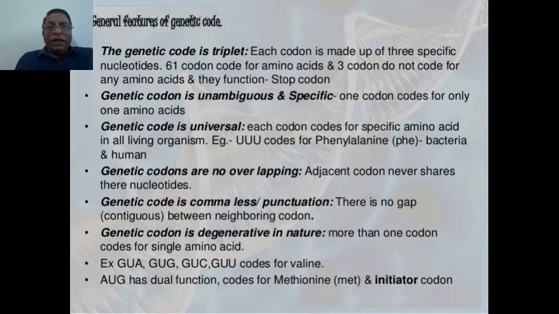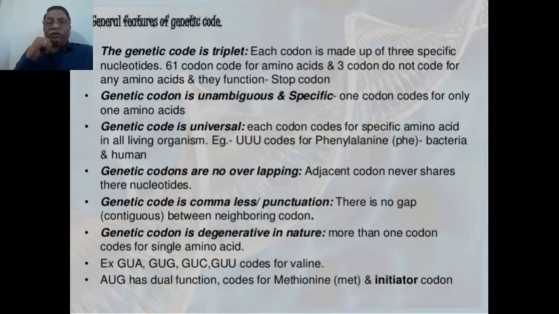Next, another most important thing is genetic code is a degenerate code. I already explained, the genetic code consists of 64 code words. Among them, 61 are meaningful. That is, these 61 code for one amino acid at a time. It is specific. Now you see, some amino acids, for example valine, are coded by more than one codon.